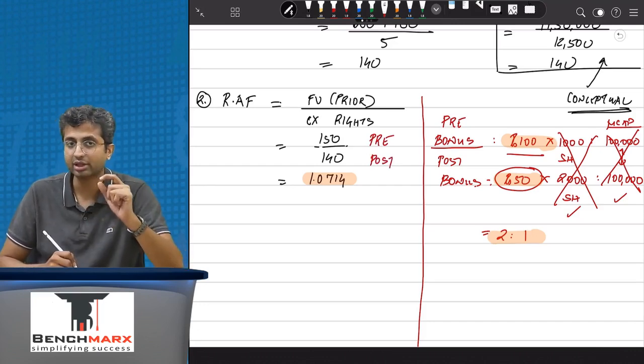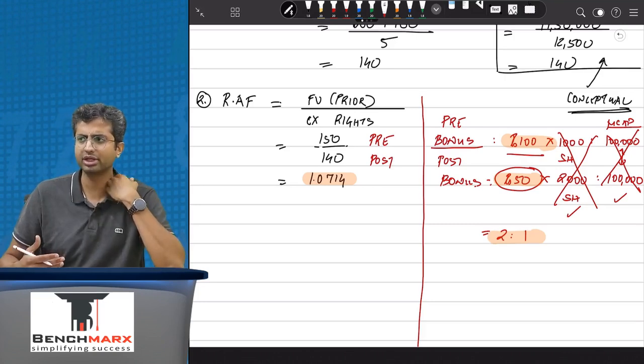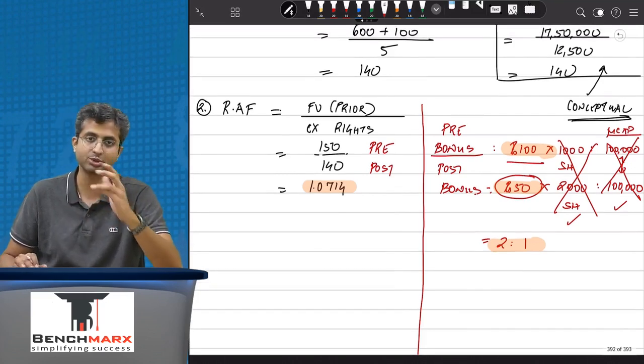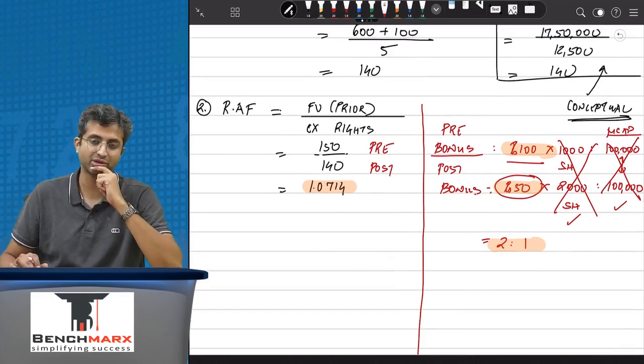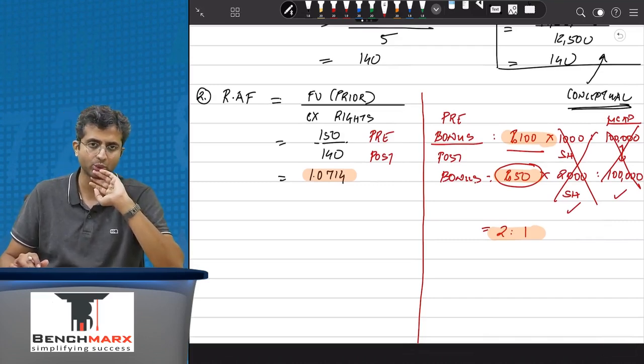The fact that it is falling, all else remaining constant, is because you are giving a hidden benefit. If there was no hidden benefit, as you saw earlier, if the issue price was 150, then the price would have remained the same, and hence 1.074 includes that 0.0714, which is attributable to the bonus.